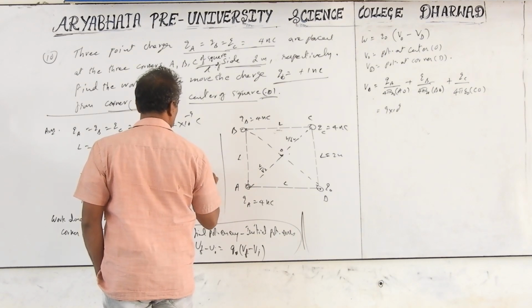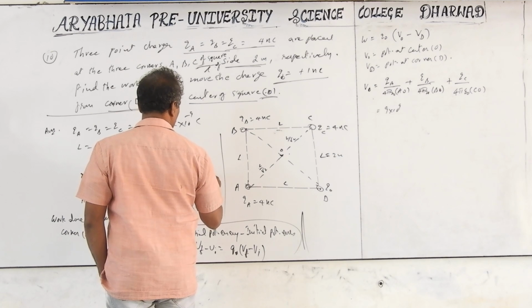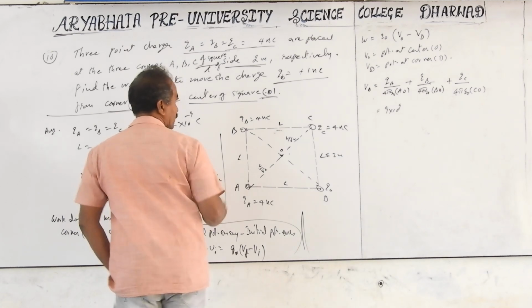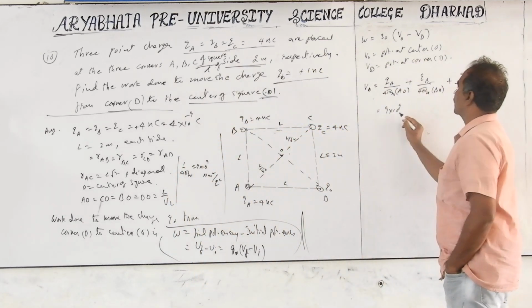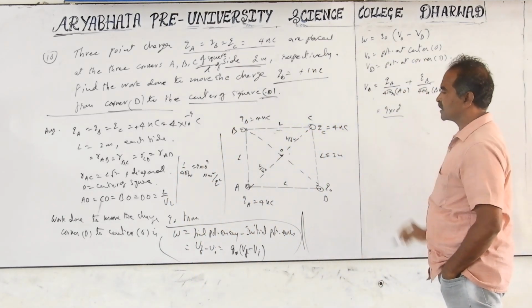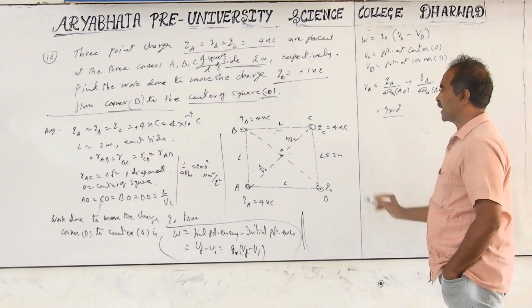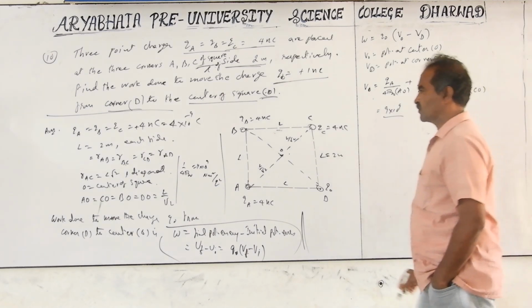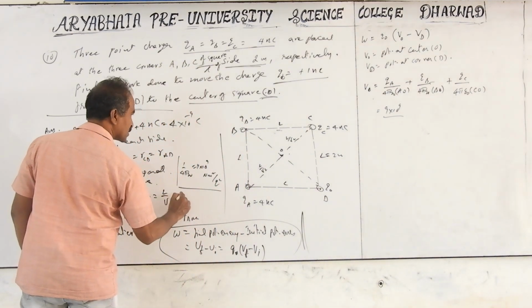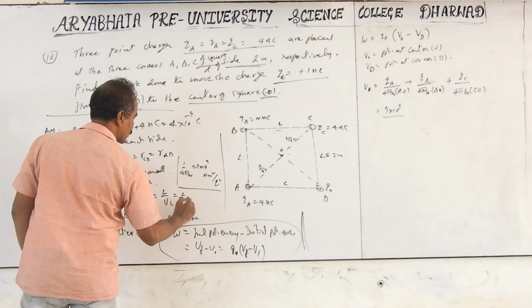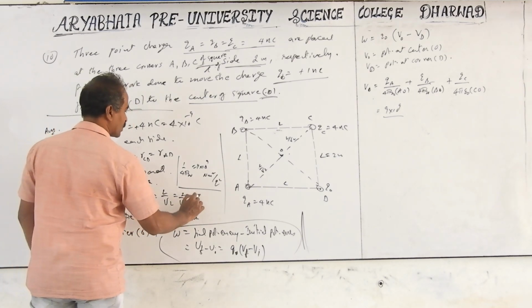You can write this data in the beginning only, with units in SI: Newton meter square per coulomb square. So 9 into 10 to the power of 9 by distance. The distance AO is L by root 2, but L is 2 meters. So AO, CO, BO is L by root 2, that means 2 by root 2, which is nothing but root 2 meters.